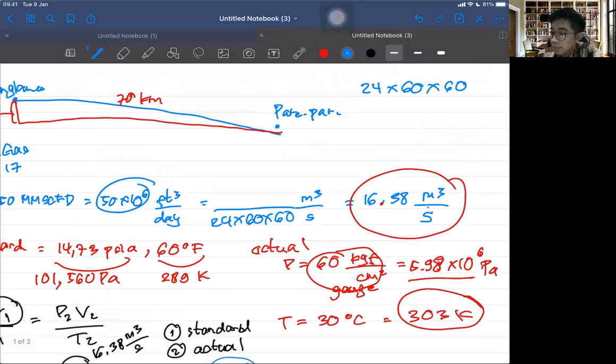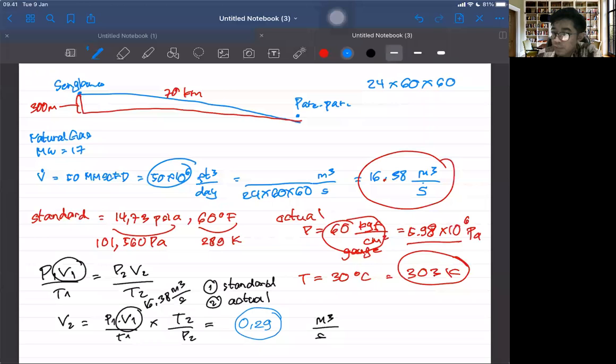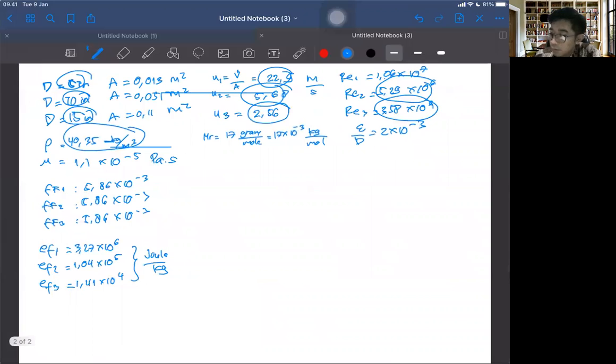Please see again the profile from Sengkang to Parepare. Parepare is lower, right? 300 meters lower, or Sengkang is 300 meters higher. So you can put the Bernoulli equation.